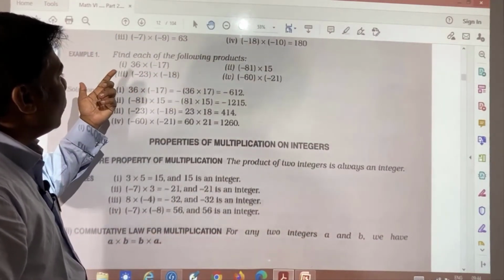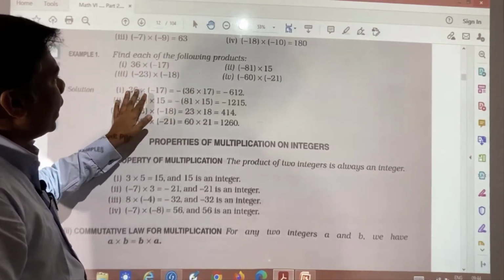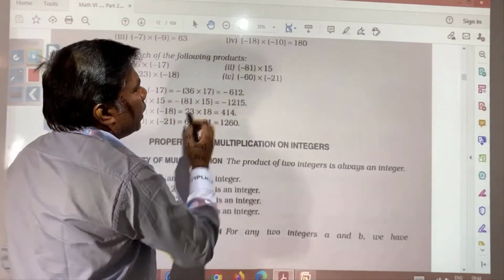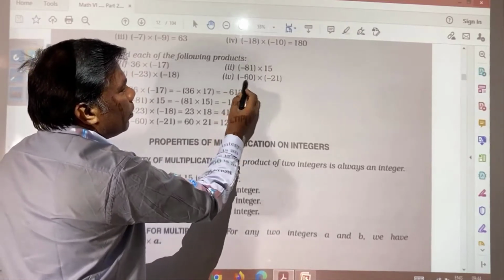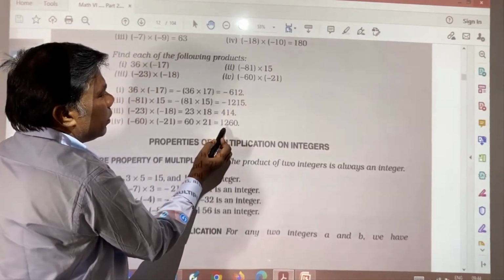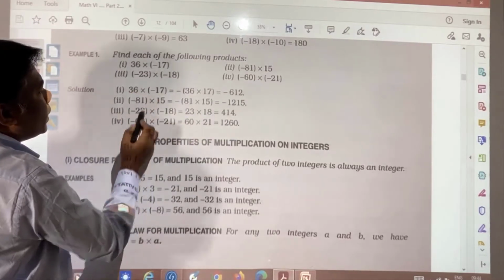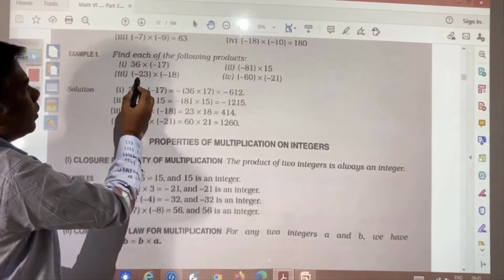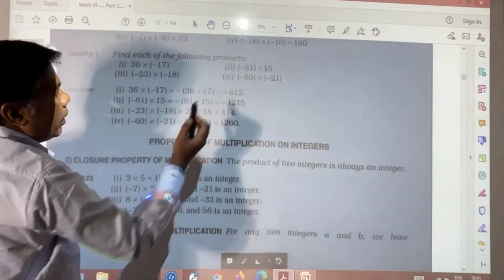Simply multiply the numbers regardless of the sign, and if unlike signs are there, the sign will be negative. If like signs are there, simply multiply the numbers and the sign will be positive. Here you see minus and minus will become plus. If unlike signs are there, the product will be negative.